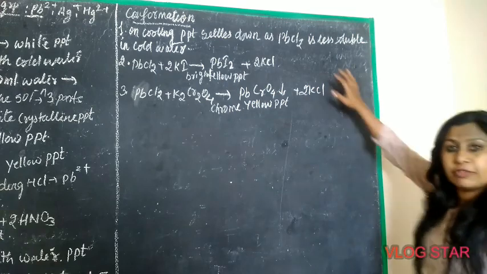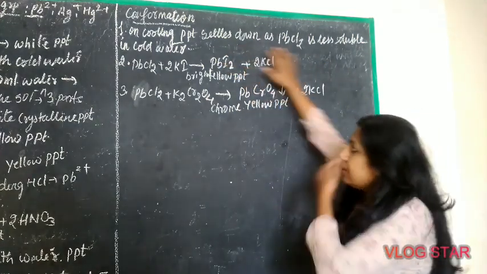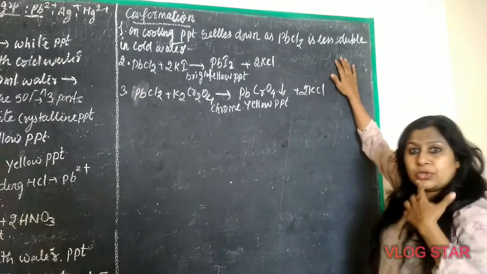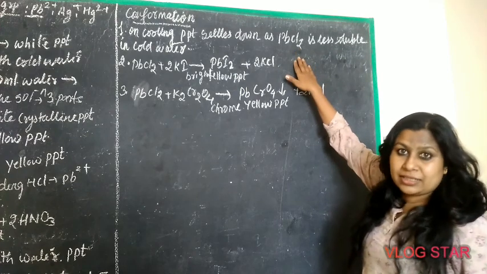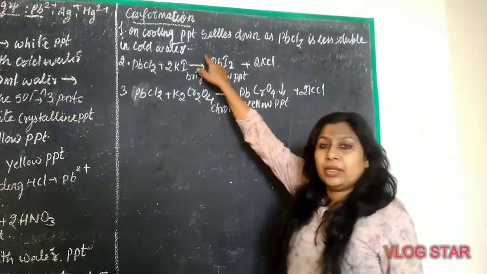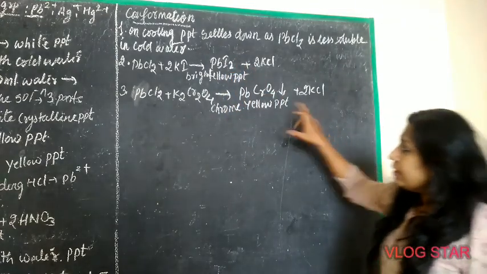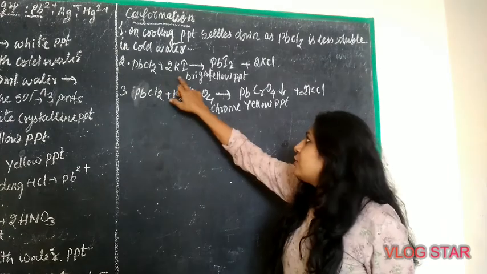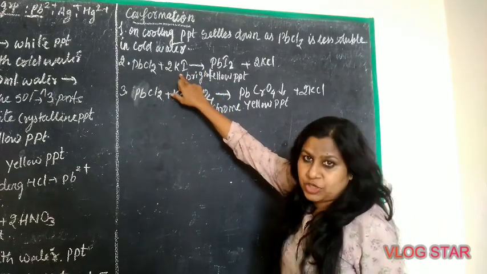Now, confirmation reactions. When you cool the solution, first part, then the lead chloride settles down because lead chloride is insoluble in cold water. So you get the white PPT again. Second, PbCl2 plus 2KI, this is potassium iodide.